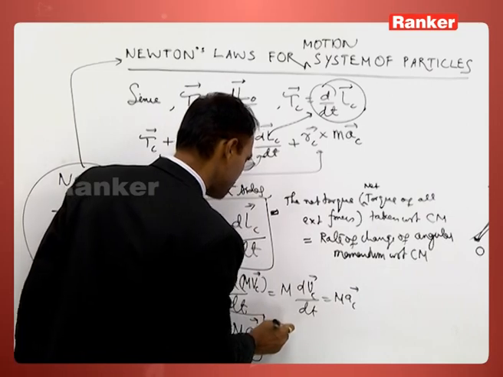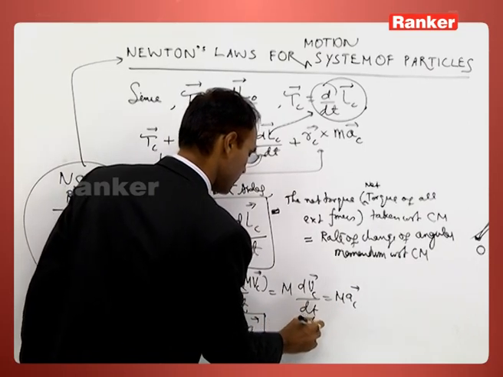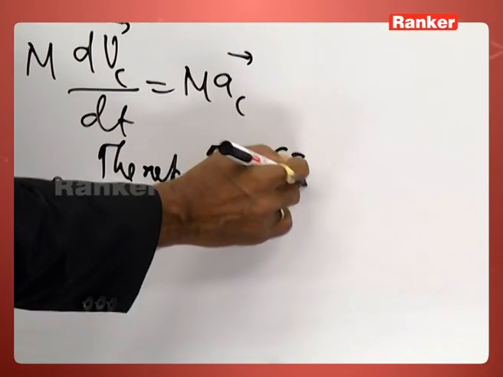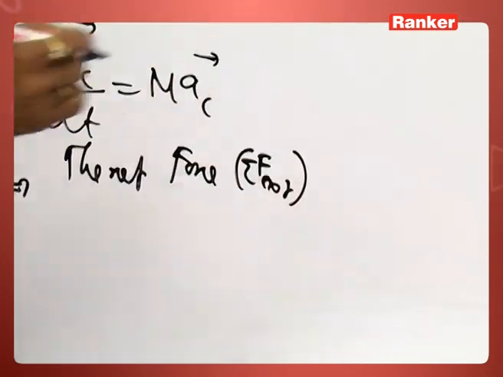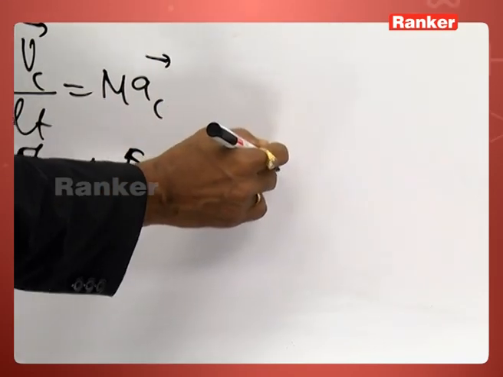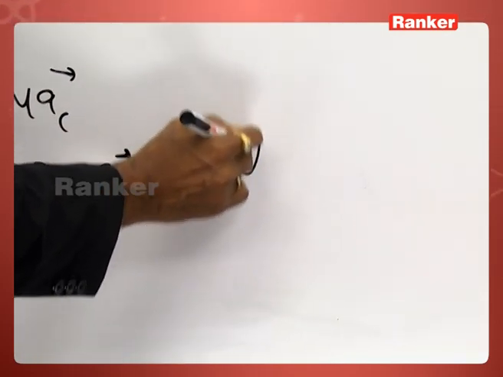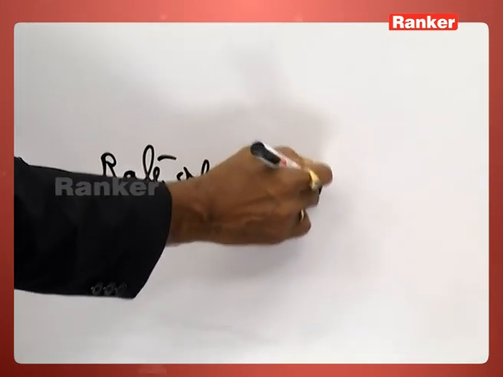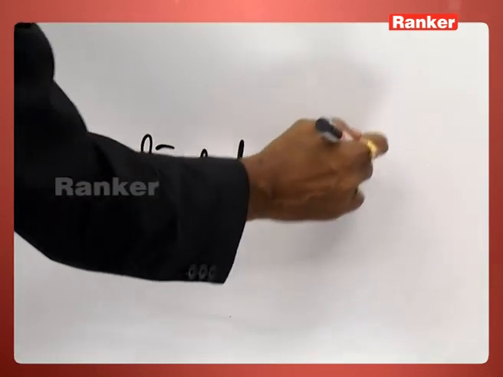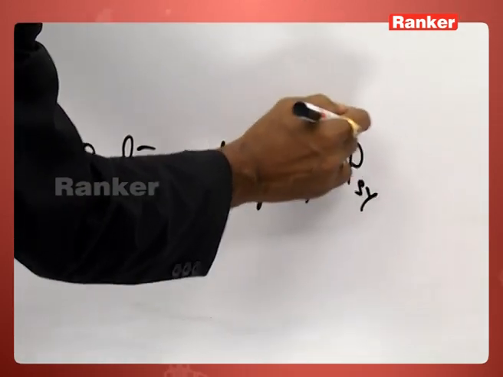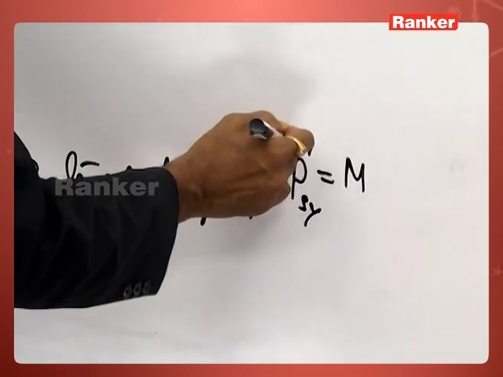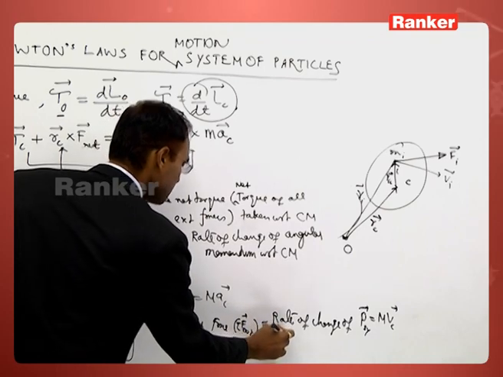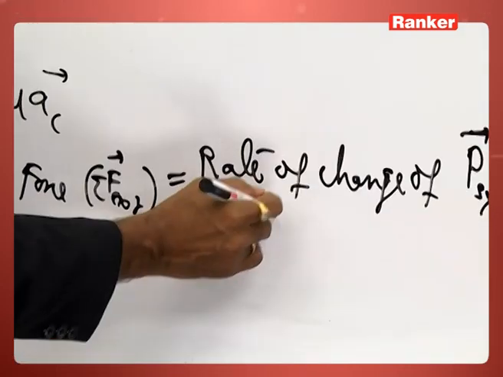And Newton's law of translation states that the net force, or sum of all external forces, because the sum of internal forces will be equal to 0, is equal to the rate of change of linear momentum of the system, that is equal to mass of the system into velocity of the center of mass, or we can just write mass of the system into the acceleration of the system.